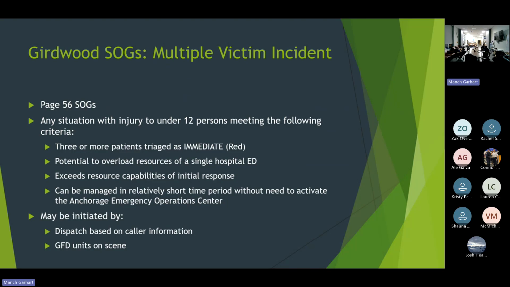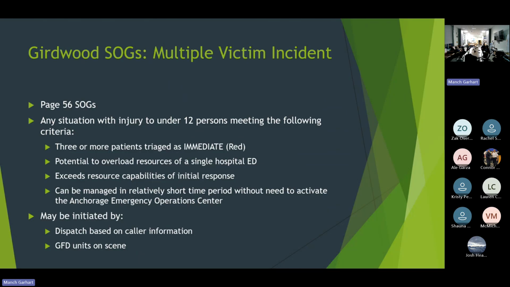We can't put people in the back of a pickup truck and drive to the hospital 10 miles down the road. We can't throw them in the back of an Uber in Las Vegas and Google the nearest hospital and show up at sunrise and overwhelm a hospital that's now already at capacity. There's not that many options here besides calling out our additional resources, our air ambulance, and all the other resources we can get from Anchorage, from Whittier, from Hope, Moose Pass, Cooper Landing, Bear Creek, and Guardian, LifeMed, all those options, right?